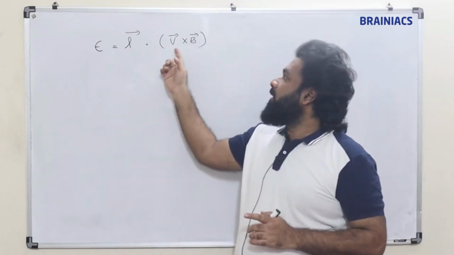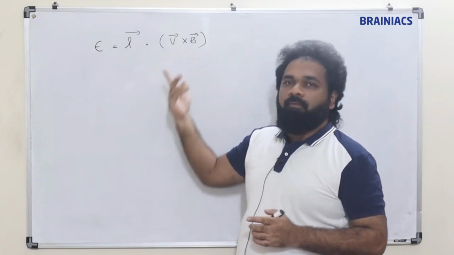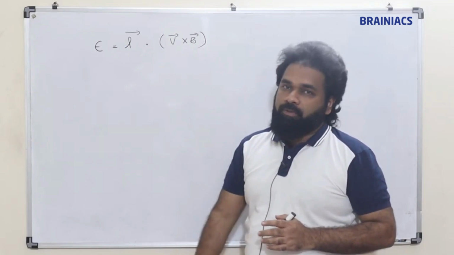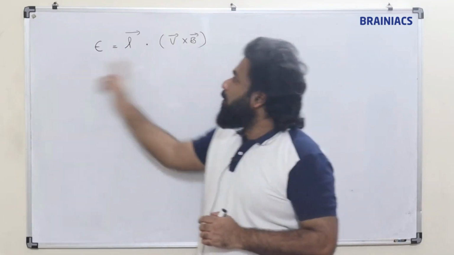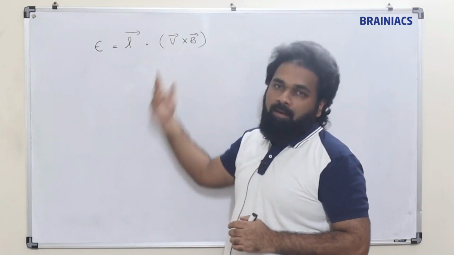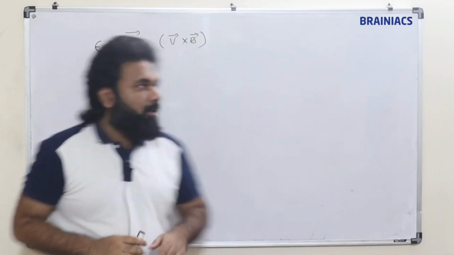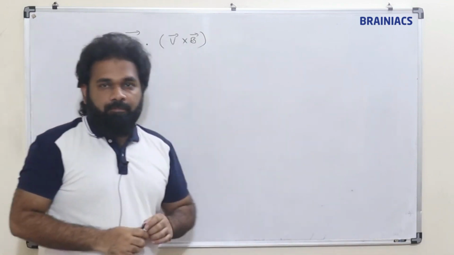If the angle becomes 0, then the EMF will be 0. If they are all mutually perpendicular, then we can write BVL, directly multiplying them. So this thing we have seen.